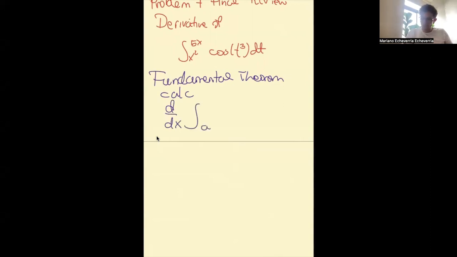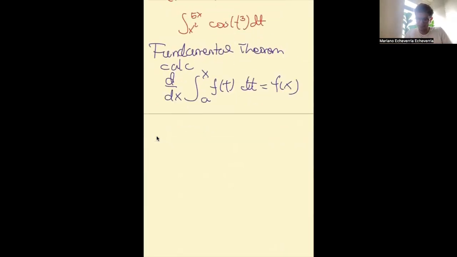There are two ways in which you could write that. Typically, if you're taking the derivative with respect to x and the integral goes from a to x, these two kind of cancel. The price for canceling them is just to get the function that you have inside, but in terms of x. The way I have been writing it more often is with a derivative with respect to t.